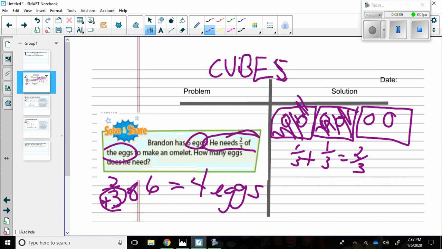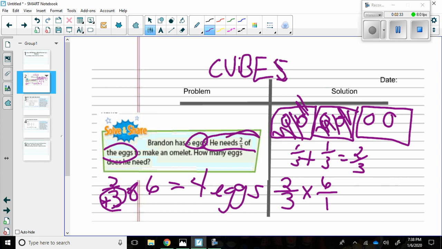Another way could just be to take 2/3 times, since "of" is sometimes a word that means multiply. If it's asking anything like 2/3 of 6 or 2/3 of 12, normally it means you need to multiply. So 2/3 times 6. Since it's a whole number, we're going to place a 1 underneath it. 6/1 is improper, but it also means 6 wholes.